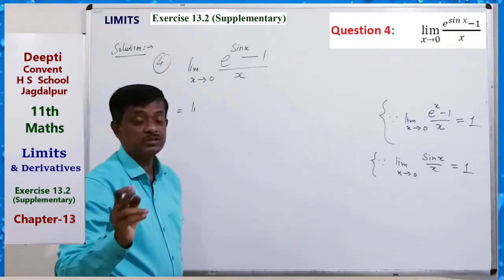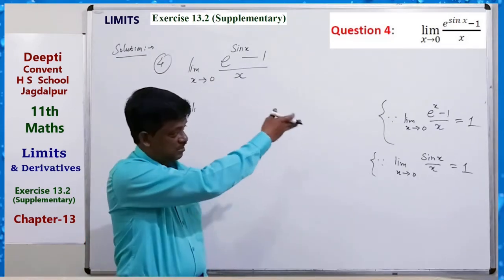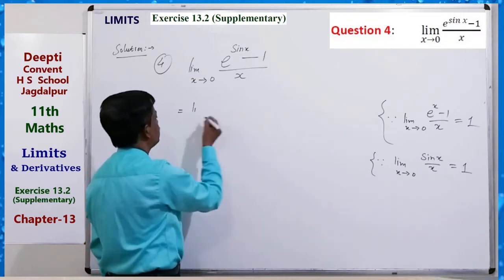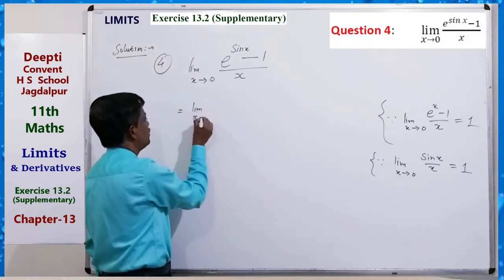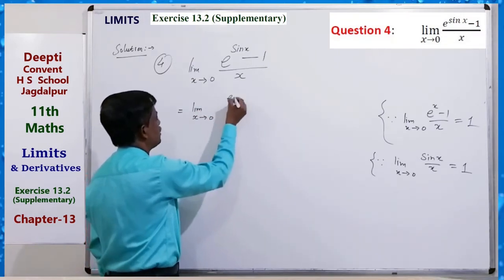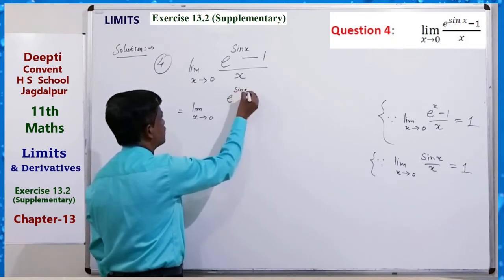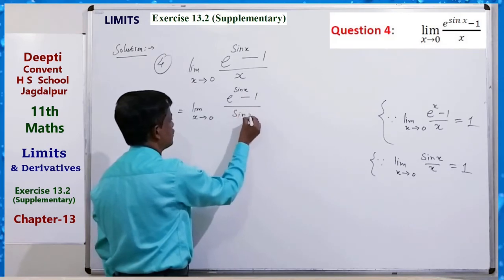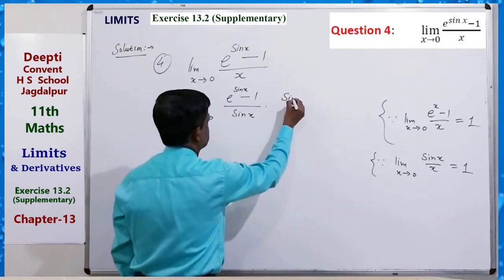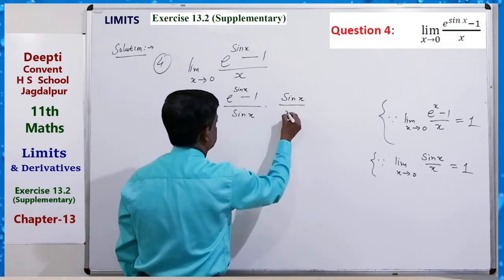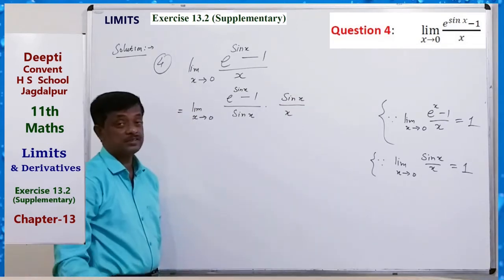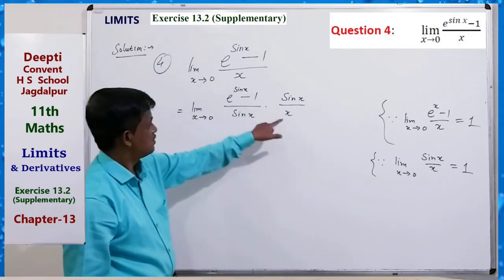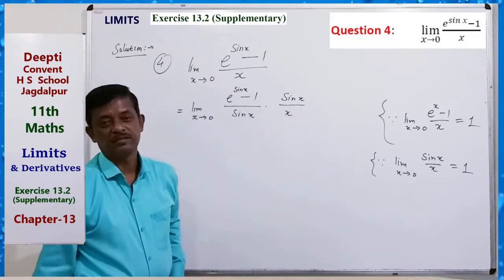Just we will use our basic formula of this type. So limit x tending to 0. Here we can write (e to the power sin x minus 1) upon sin x into sin x upon x. Here x is not equal to 0, that's why we can do like this. Just x is the denominator, and we multiply numerator and denominator by sin x.